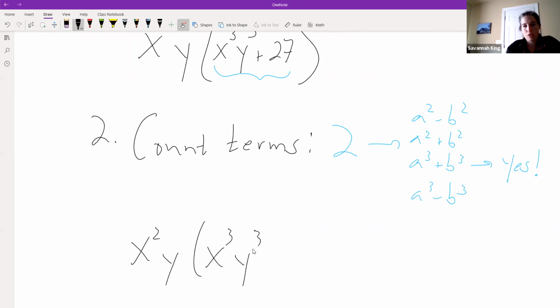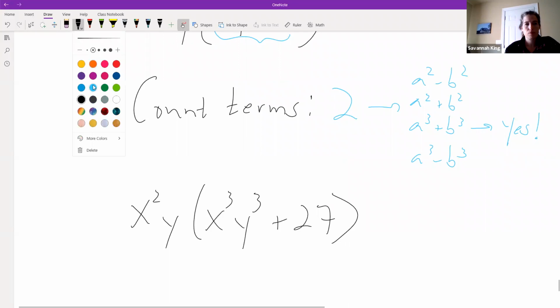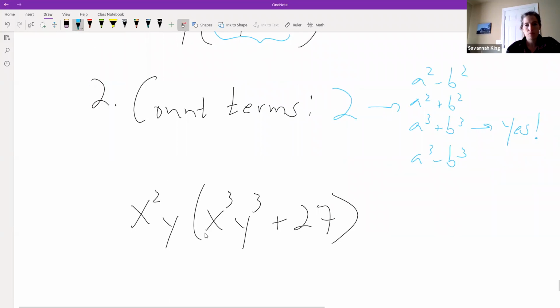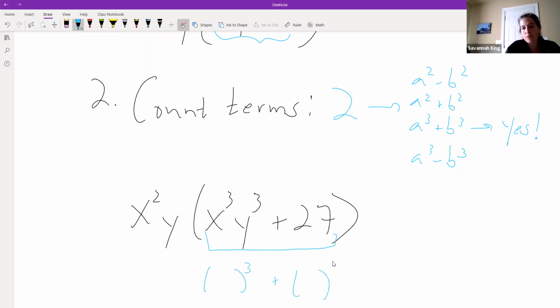x cubed y cubed plus 27. Okay, so 27, what number to the 3rd power is 27? It's 3. Right. So my rewrite step here to make this all work out, this is a cubed plus b cubed. So I have to figure out what's a and what's b.